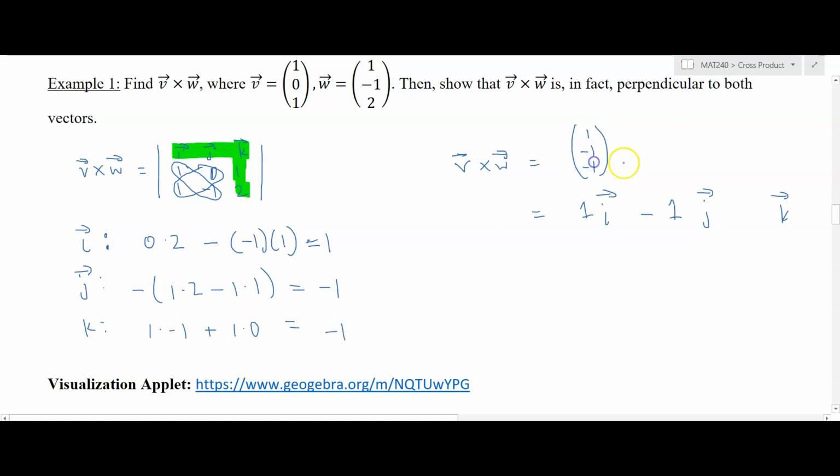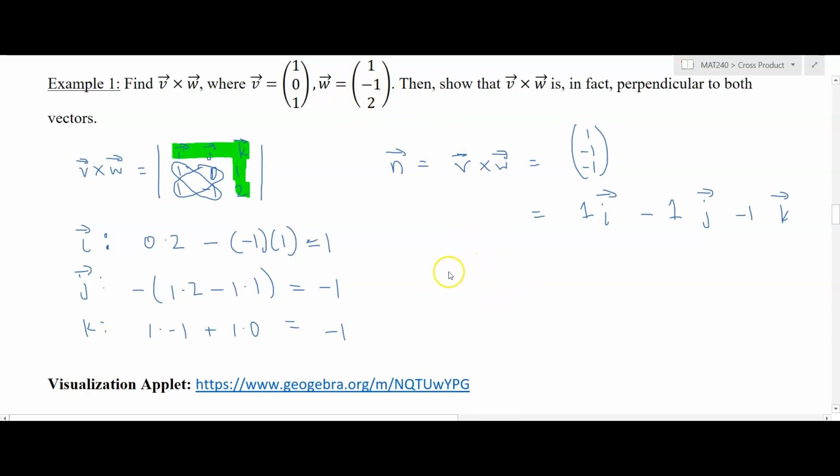So my K component is negative 1, and here are the two forms in which I can proudly state that I found the cross product. We're claiming that this vector n is perpendicular to both 1, 0, 1, and 1, negative 1, 2. We'll take a look at a graph of this in just a moment, but let's go ahead and check our work.